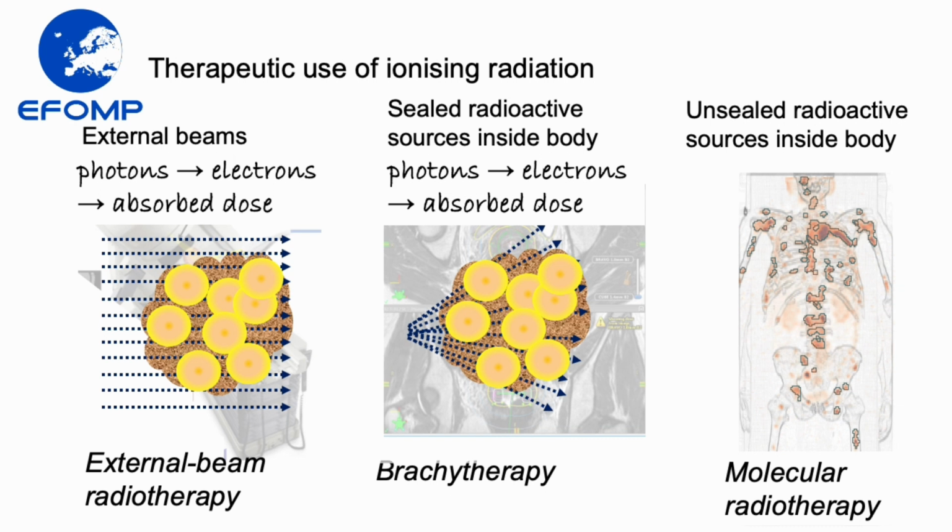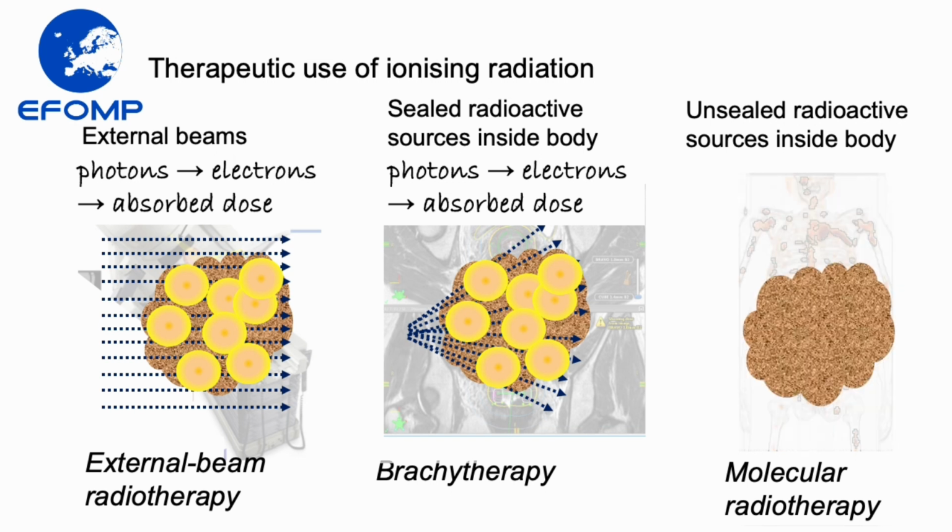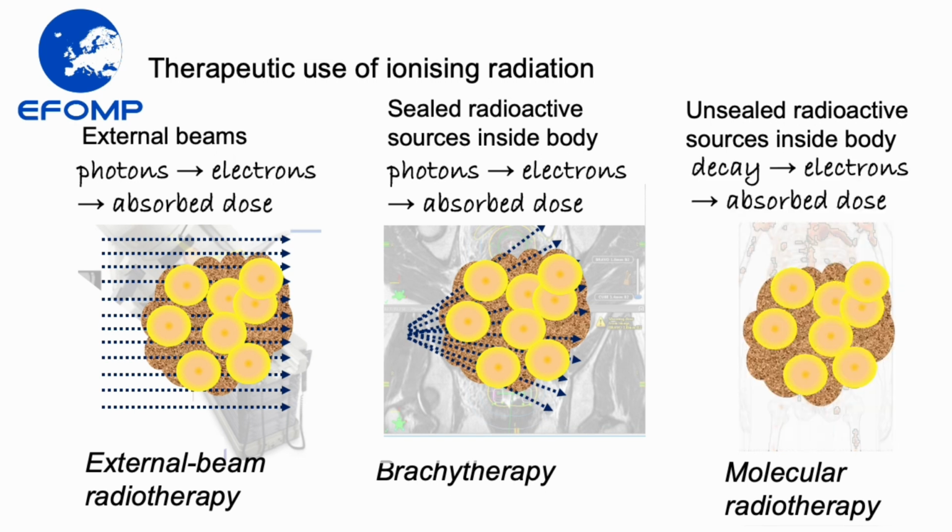We can also use unsealed radioactive sources inside the body, as in molecular radiotherapy. In this case, we instead have the radioactive decay, which gives a fluence of beta electrons, which is what delivers the absorbed dose. Then that also often emits photons, which are useful for imaging and dosimetry.